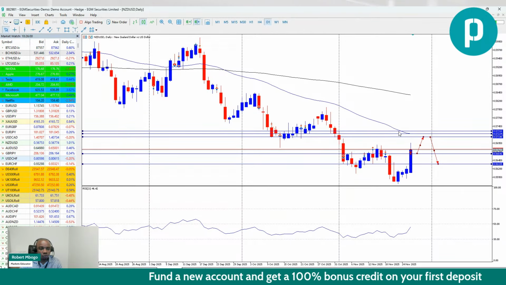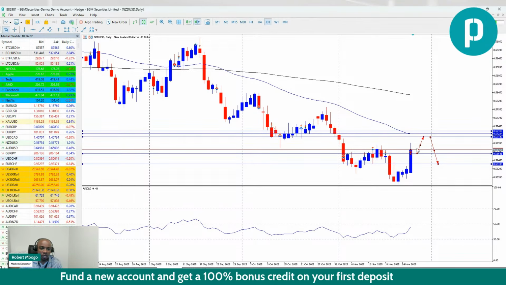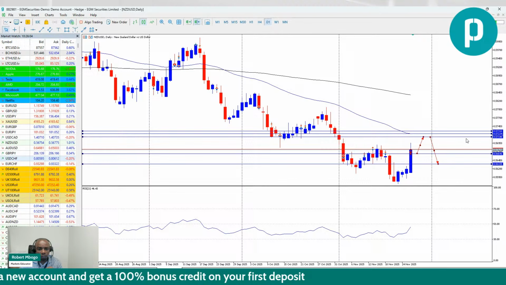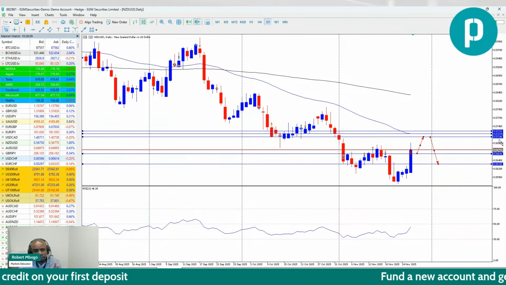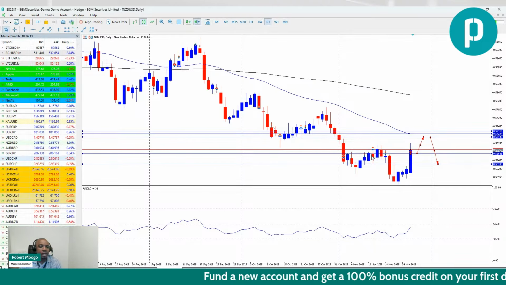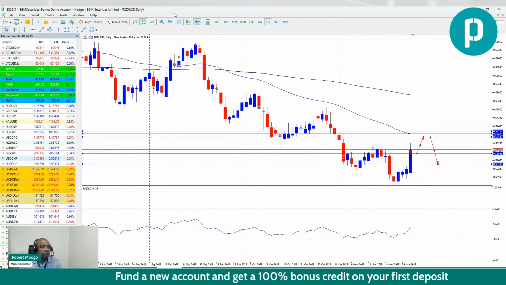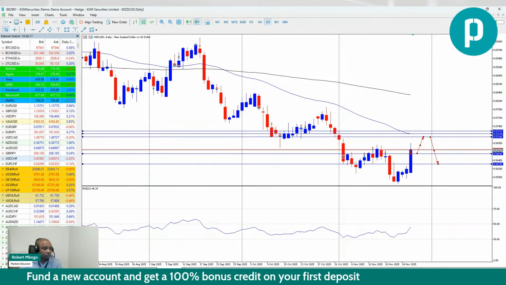So those are three key areas where I would want to see price go to. So as you can see, it's a difference of 15 pips, right? 17 pips from 57.14 to 57.31. So those are high probability sell areas on that particular pair.